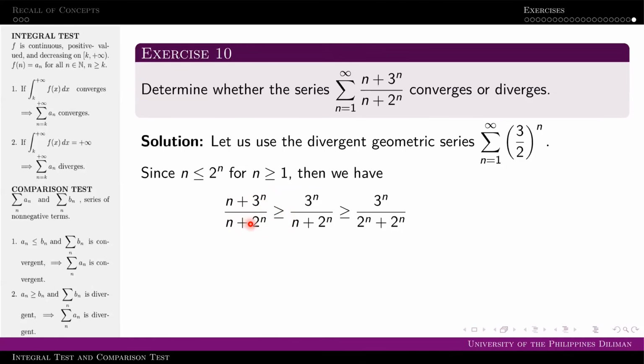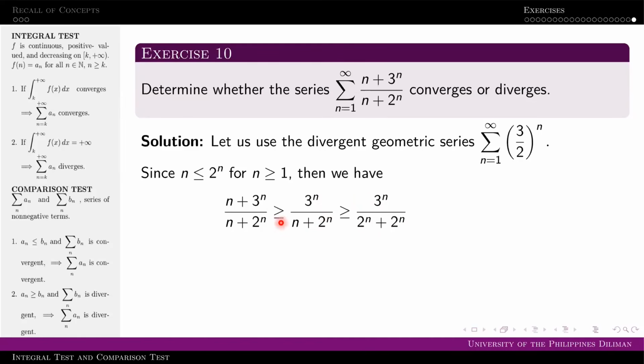Yung an natin greater than or equal to 3n over n plus 2 raised to n kasi tinanggal natin yung n sa taas. So, this time, kung si n sa baba naman, papalitan natin ng 2 raised to n, and alam natin na si 2 raised to n mas malaki kaysa kay n, so lumaki yung denominator natin, meaning liliit yung quantity natin.